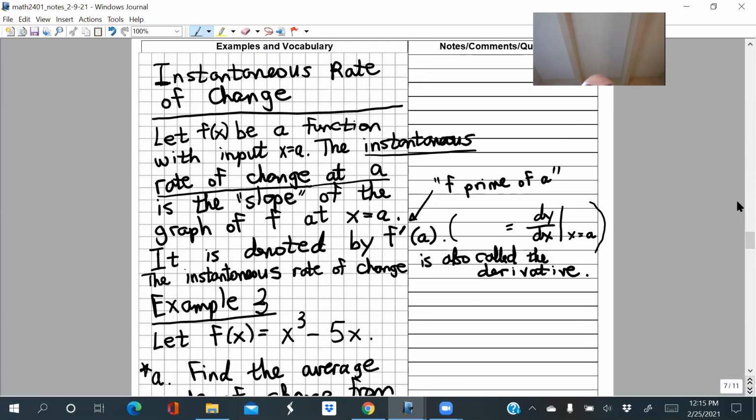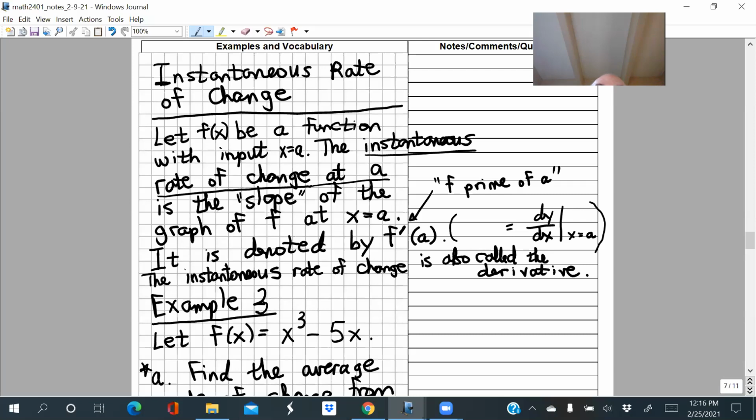If you have a function, f of x, just some function, then the instantaneous rate of change at a particular x value, not from x equal a to x equal b, but at a particular x value, tells you how rapidly the function is either going up or down at that particular x value. Or you can also interpret that as the slope of the graph at that particular x value.